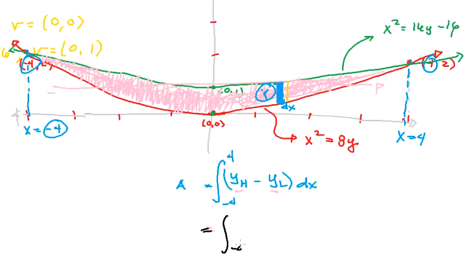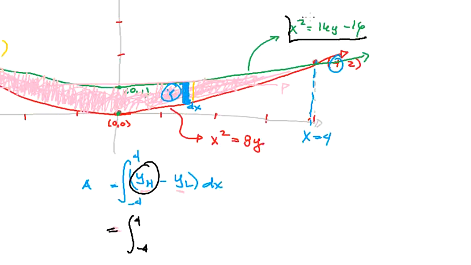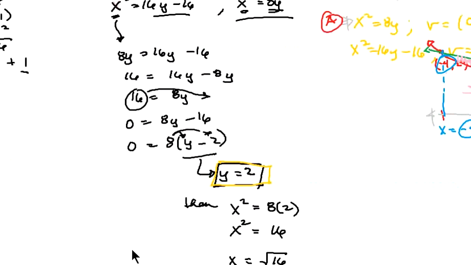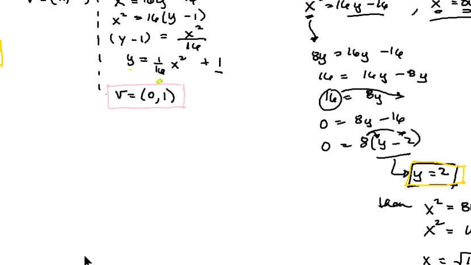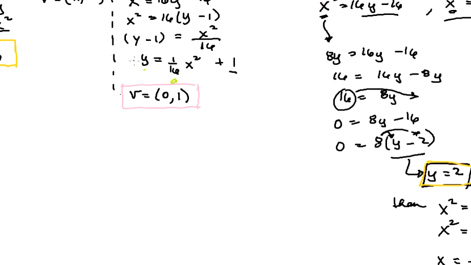We have -4 to 4, and our y upper is this part, wherein y is equal to x squared all over 16 plus 1. We have y is equal to 1 over 16 x squared plus 1.